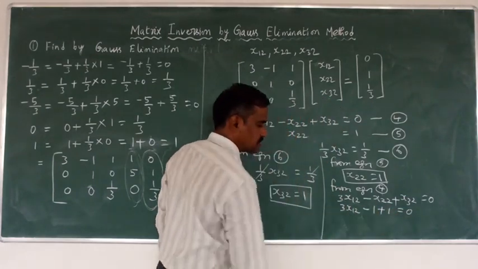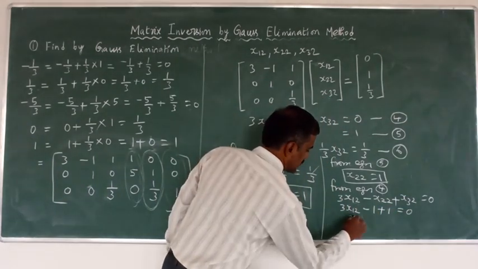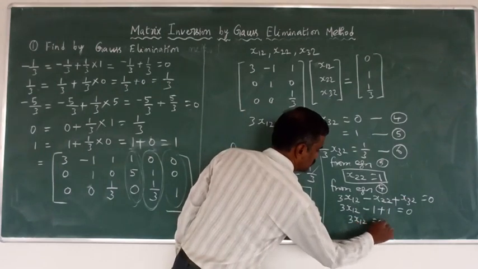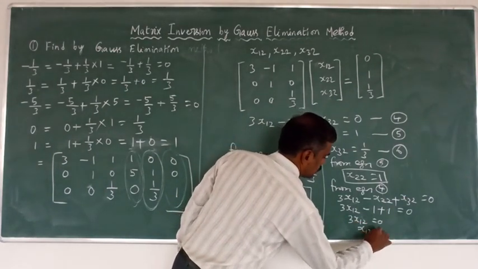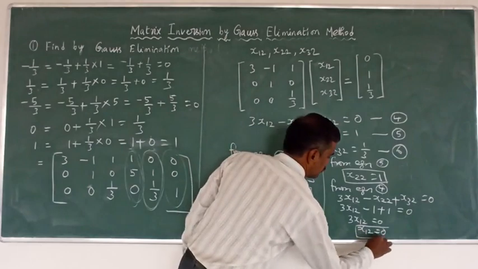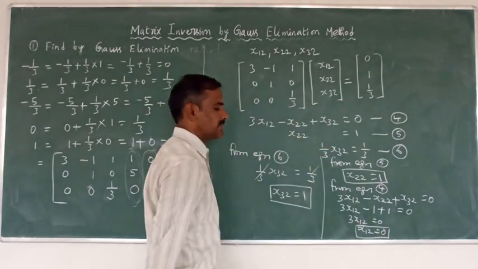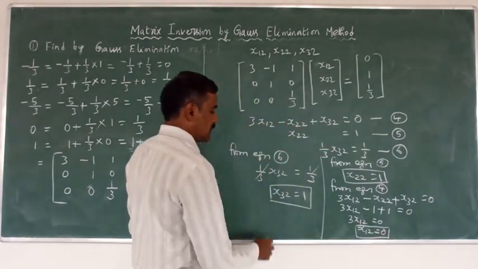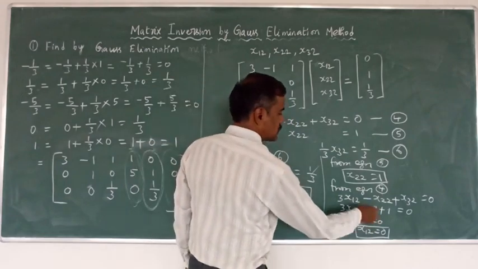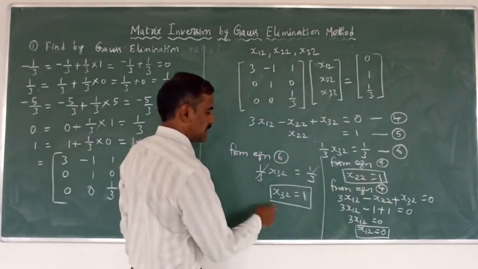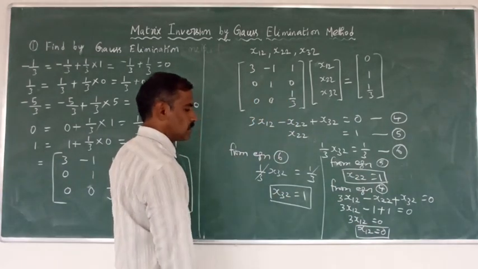These two cancel, so x12 equal to 0 divided by 3 equal to 0. So x12 value 0, x22 value 1 and x32 value 1.